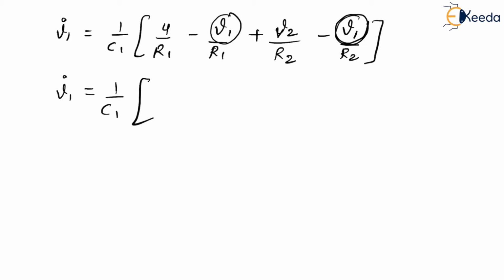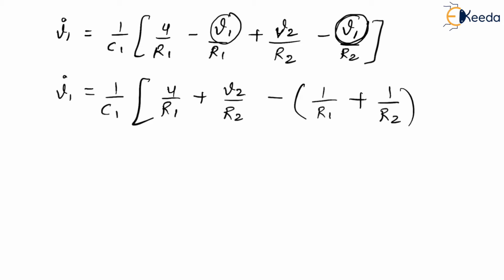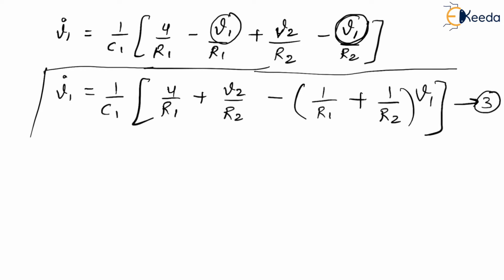So if I consider this as U by R1 plus V2 by R2 minus of 1 by R1 plus 1 by R2 into V1. This is a simple mathematical calculation, right? Let me call this equation 3. This is the equation that we have got.